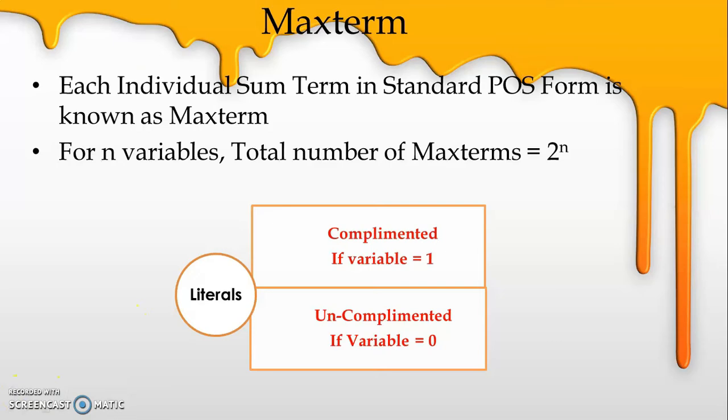This is the major difference compared to minterms. In minterms, it is the reverse condition. So we always have to remember that literals in a maxterm are complemented if the variable is 1, and uncomplemented if the variable is 0.